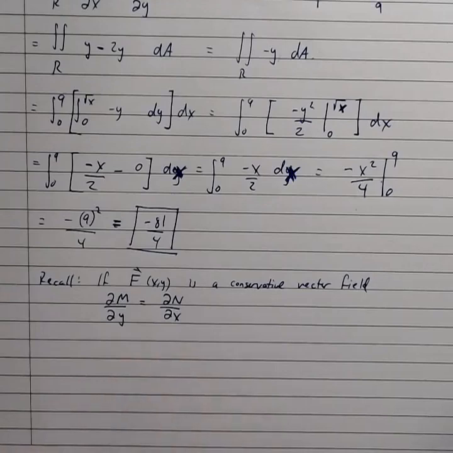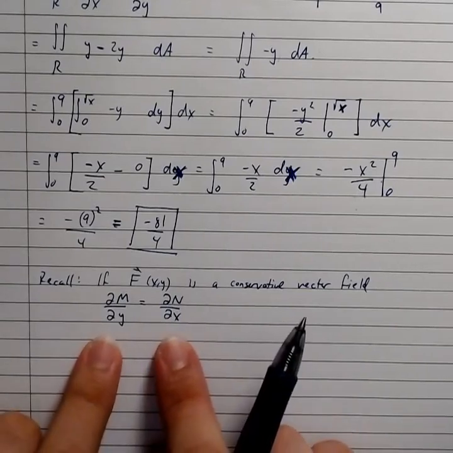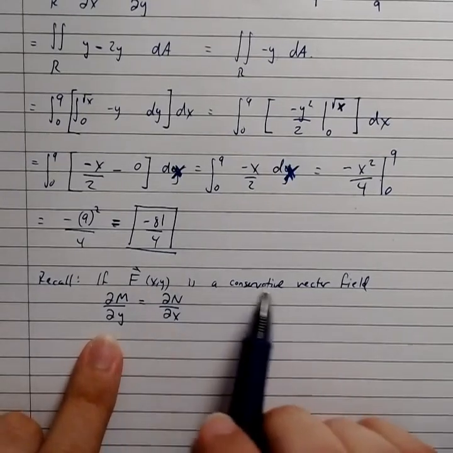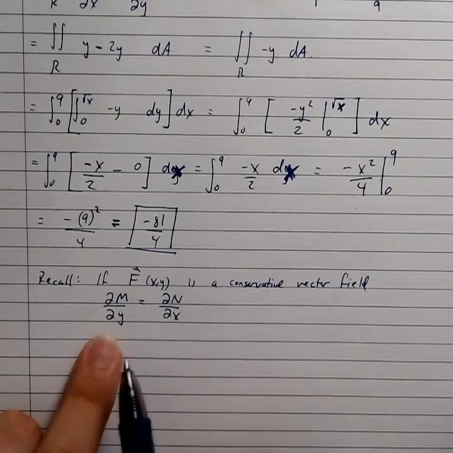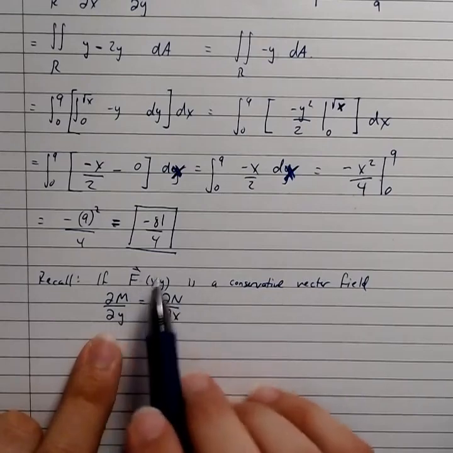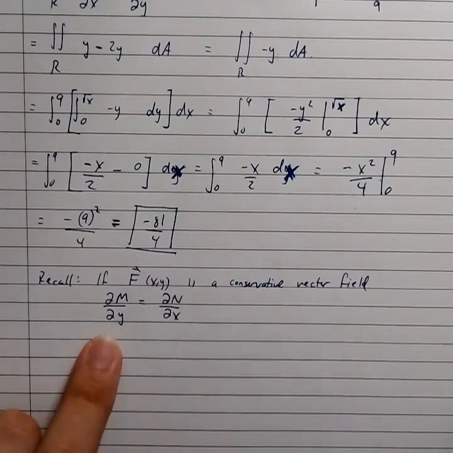This is something we saw back in the very first section of the chapter when we defined a conservative vector field. This was the test. This told us not what a conservative vector field was, but rather here's the test to confirm whether or not it is conservative. If this is true, then your vector field is conservative and vice versa.